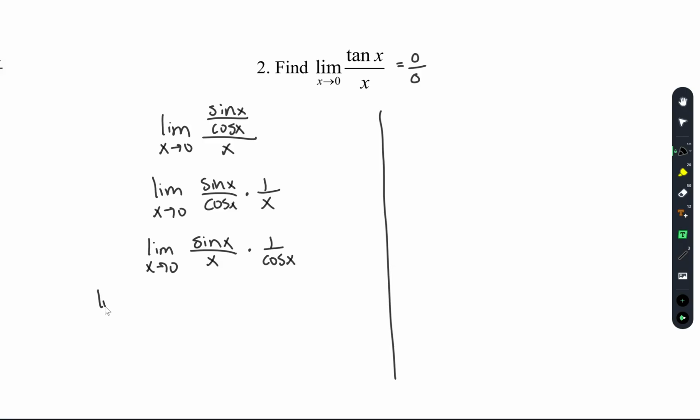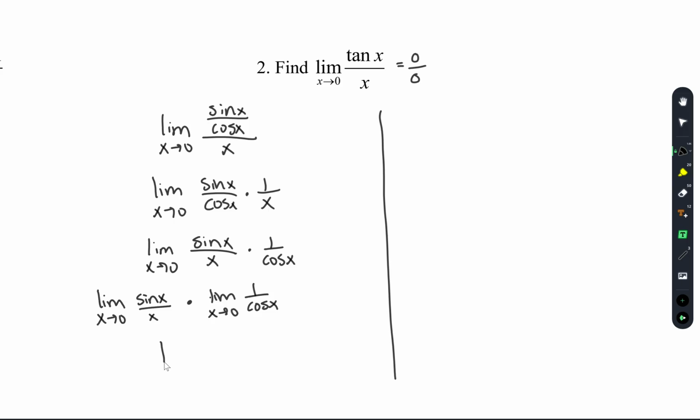So you can go sine x over x times the limit of 1 over cosine x. That's one of the rules. But then you have to remember this is a very popular limit. The sine x over x is very famous. That one is 1, and that just comes out of your brain.